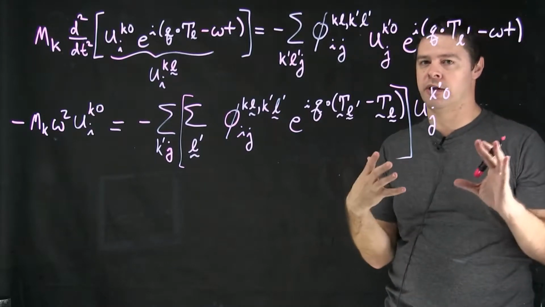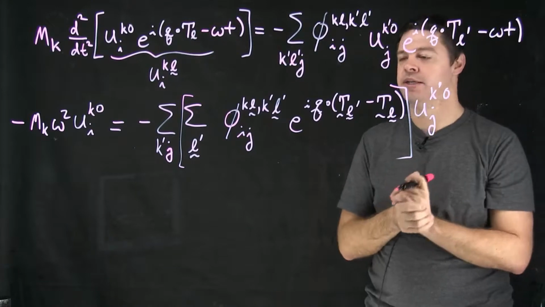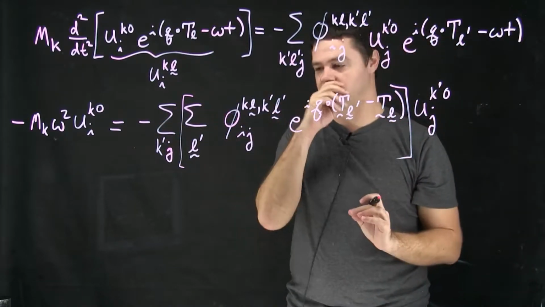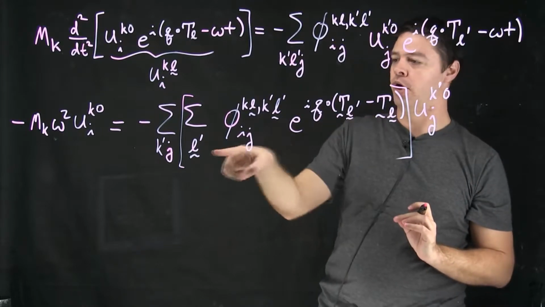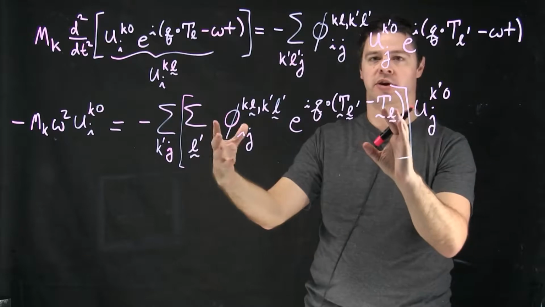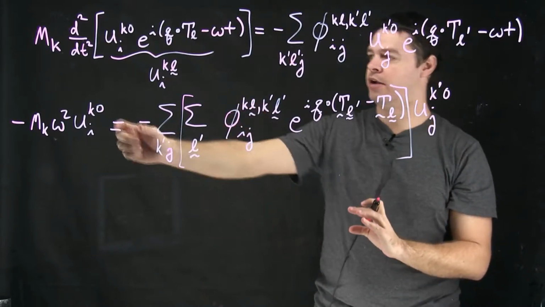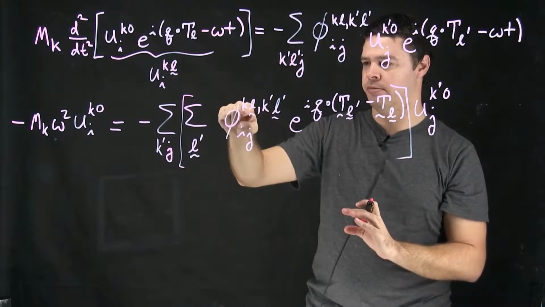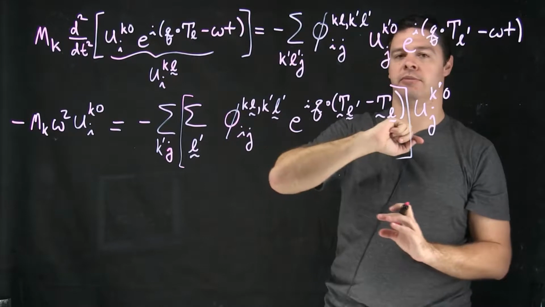That's starting to look a lot like a linear algebraic problem, or a matrix problem. So that's why I broke it up this way. In principle, after you do the summation over all the different possible l primes, this thing is really just a matrix that involves ik as one set of indices, and another that involves jk prime.